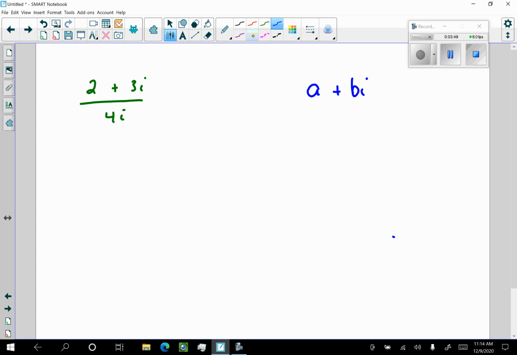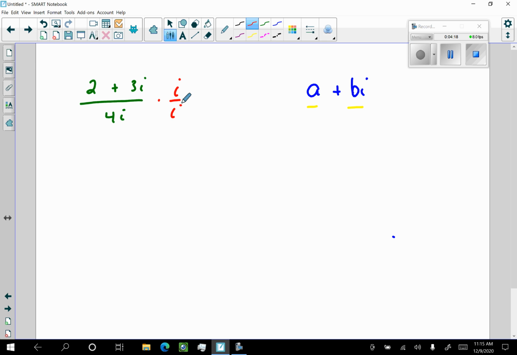We want there to be a real part and imaginary part when I get finished manipulating that. Okay, so what I'm going to do is multiply that. I need to get that i out of the bottom, and just like I did before, I'm going to multiply this whole kit and caboodle by i over i.